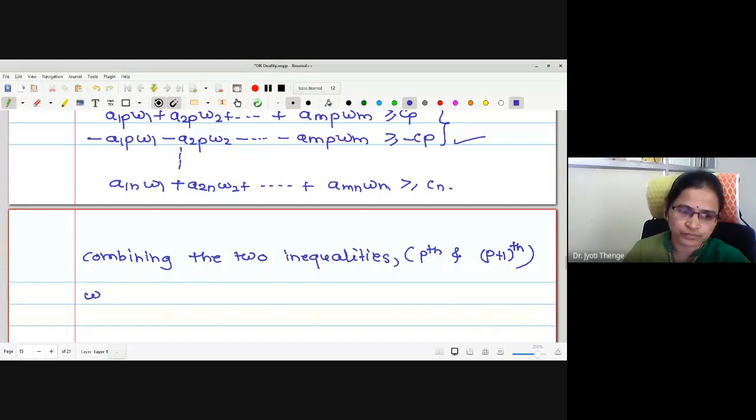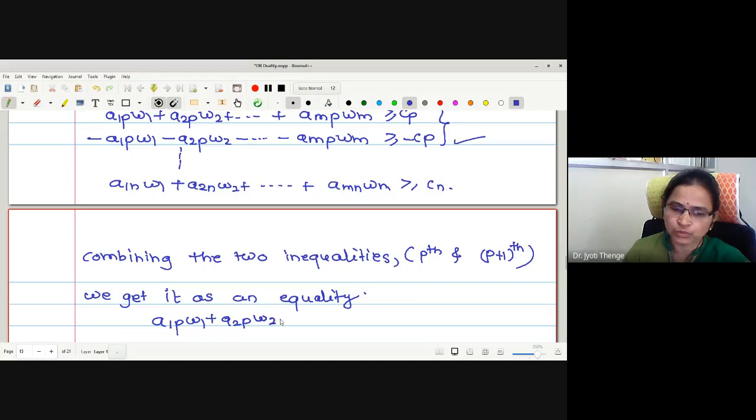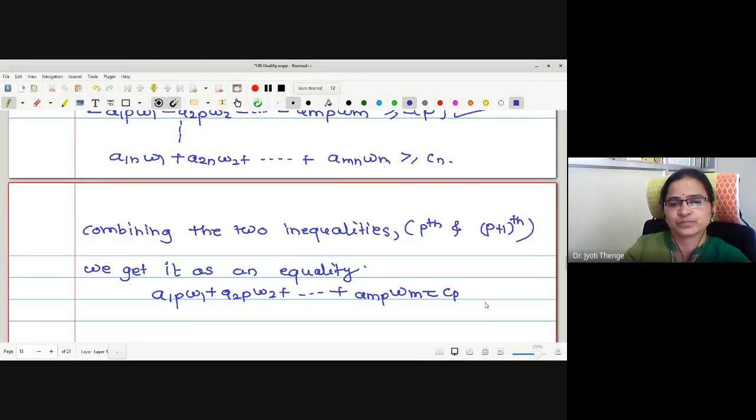We get an equality. What is the equality? a1p w1, a2p w2, so on, amp wm is equal to c_p.